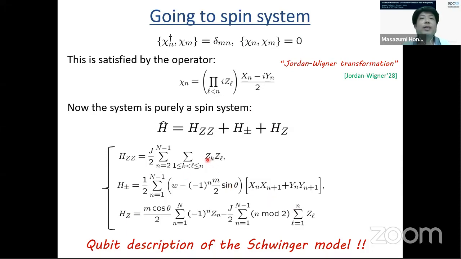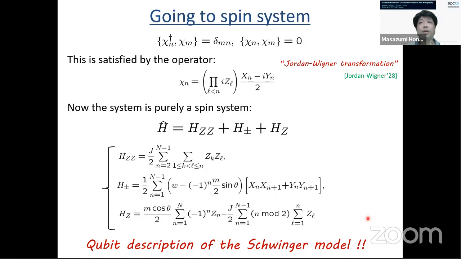So Z_k is sigma 3 on site k, and X_n is sigma 1 on site n. It looks complicated, but we have only spin operators. So this is the qubit description of the Schwinger model. So now we can directly apply quantum algorithms to this model.